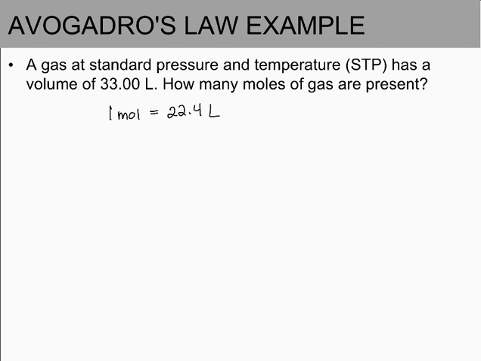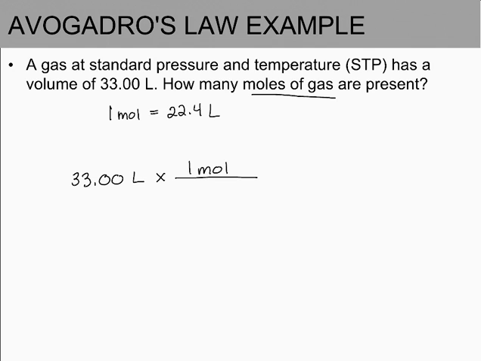So let's start with what we're given. We have 33 liters as our volume of gas. And then, because we're at standard temperature and pressure, we can just plug in the different sides of the equality up above into our conversion factor. So we want to end up with moles of gas. So let's put 1 mole in the numerator.